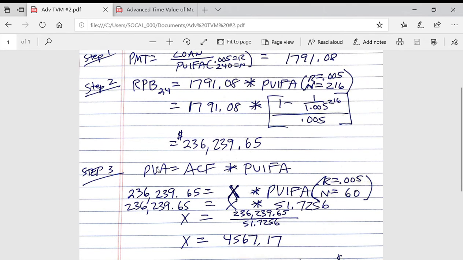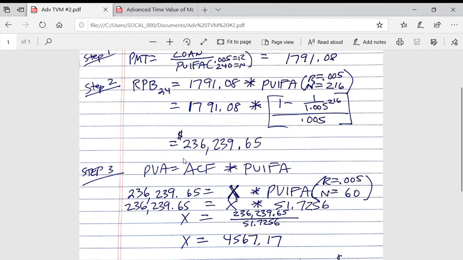Well, step 3 says, okay, we're reminded that we're going to use application formula 4 again, a very popular application formula. Present value of the annuity equals annuity cash flow times the PVIFA. In this case, the relevant value for the present value of the annuity is the remaining principal balance at day 24, $236,239.65.